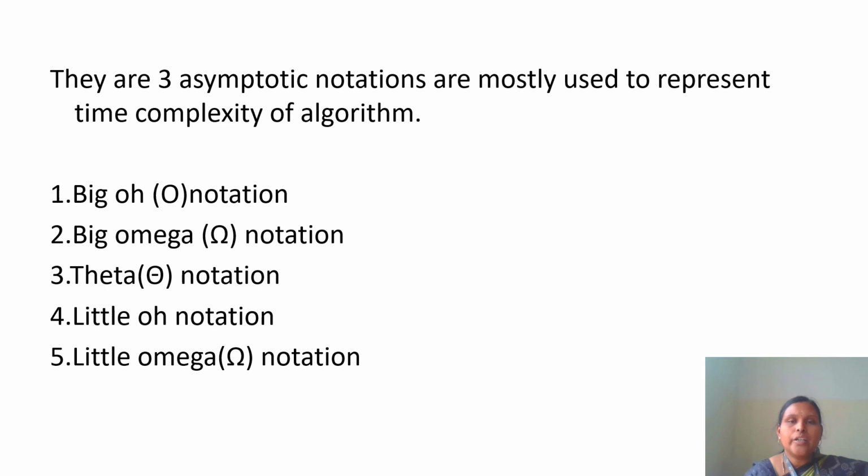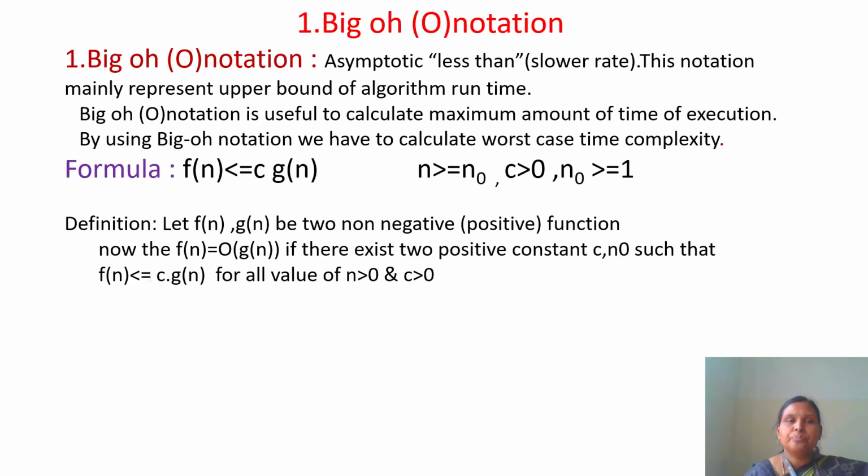There are asymptotic notations mostly used to represent the time complexity of an algorithm: big O, big omega, theta, little o, and little omega. So what is big O notation? Asymptotic less than, that is the slower rate. It is the worst case time analysis because it is useful to calculate the maximum amount of execution time, that is f of n less than or equal to c into g of n.